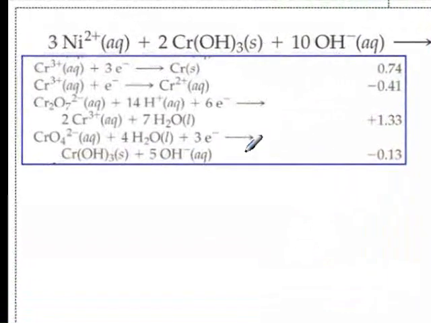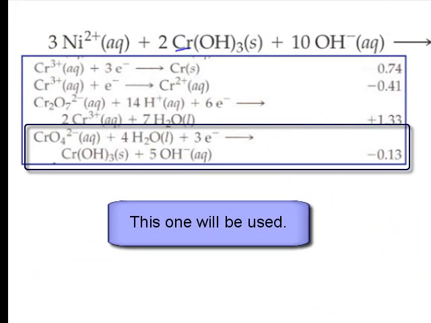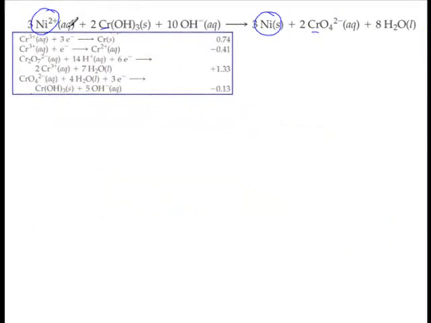Notice I do have the inset, the little portion. I picked out all the half reactions dealing with chromium, since we have chromium up here. Now again, that's not what I'm going to focus on initially, because thank goodness I have a metal in front of me, and that really helps to figure out what the two half reactions are going to look like.